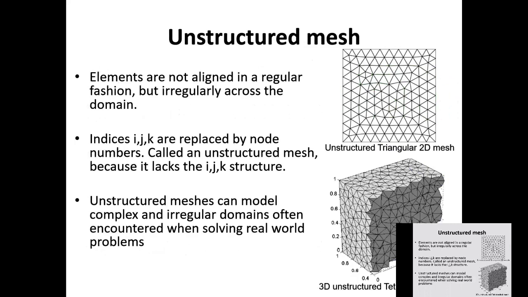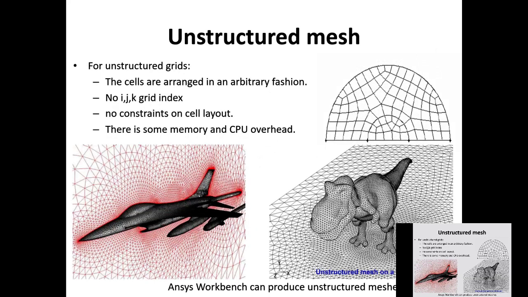So this is an example of an unstructured mesh. You may not have the same number of nodes here. It's not structured, it's not regular. So you can't have the IJK structure in an unstructured mesh. These are examples of unstructured meshing.